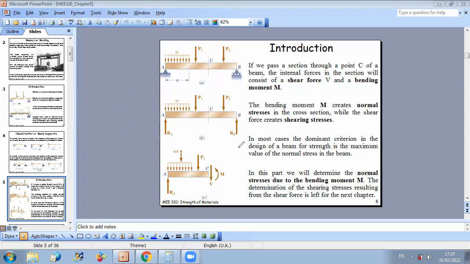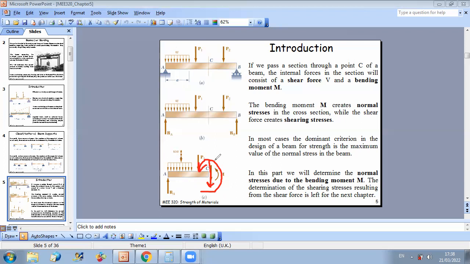This is why V is downward. And the positive convention for bending moment is that the moment is compressing the upper part of the beam. This is why, when you do the analysis of the left part, the positive convention is counterclockwise.